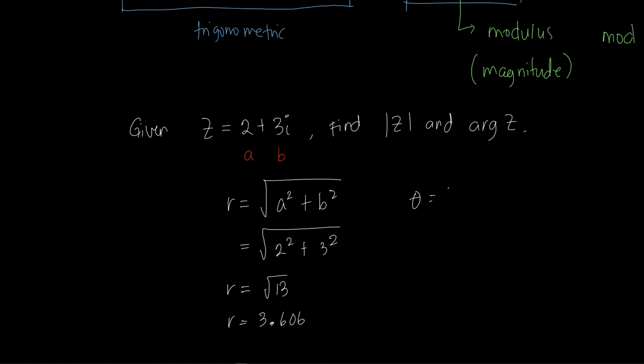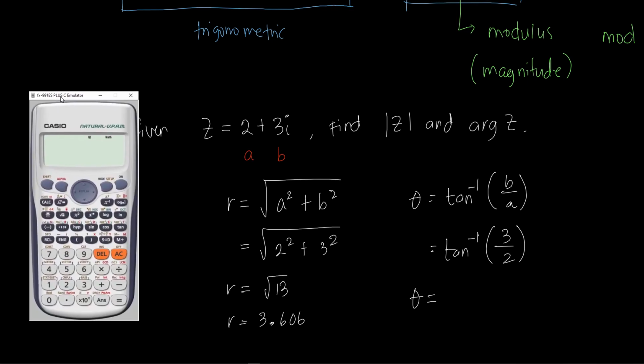Next, let's get the argument of z. Theta is equal to the arctangent of b over a. So we have the arctangent of 3 over 2. What is the arctangent of 3 over 2?